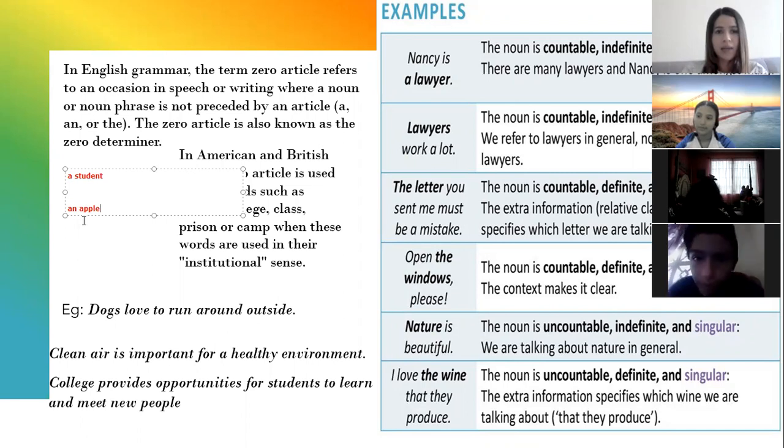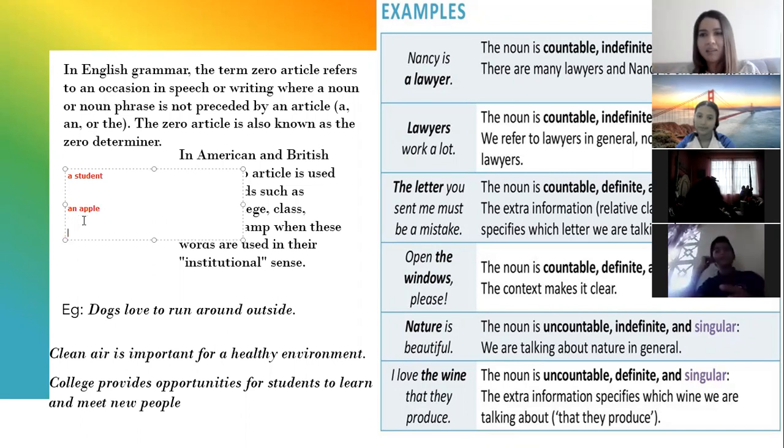On the other hand, the article the is definite, es el artículo definido. ¿Por qué? Porque el artículo the tiene muchos significados. En español tenemos muchos artículos que pueden traducirse a este artículo the. The means in Spanish el, la, los, las, right?